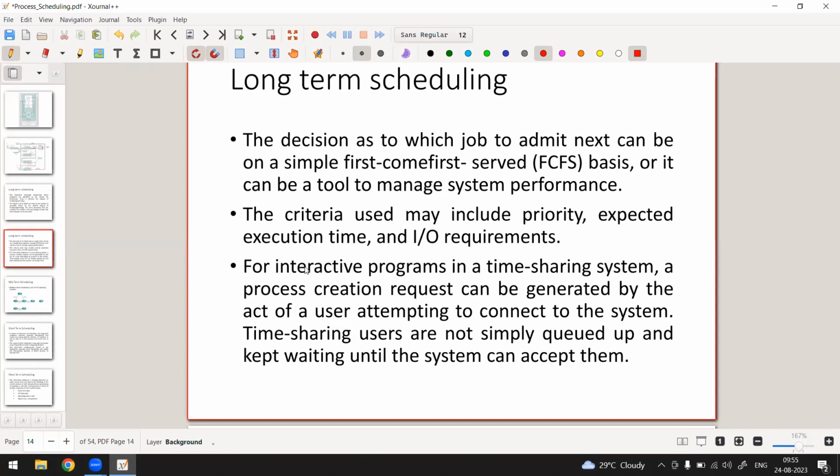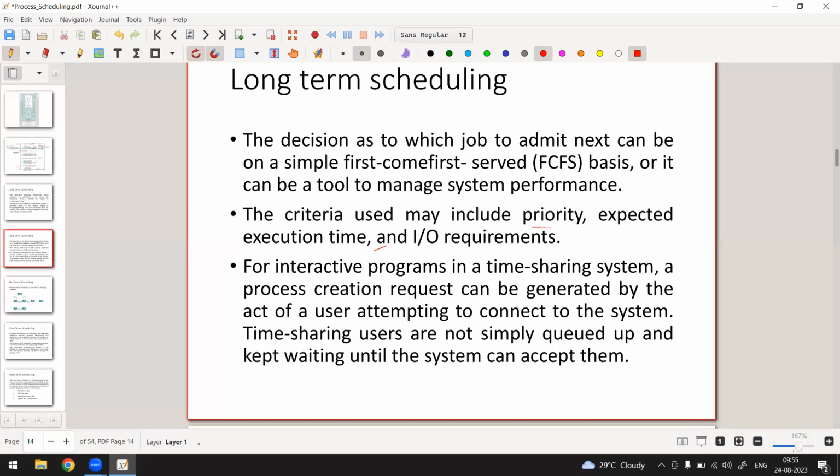It may be an FCFS-based decision, meaning whichever process came first will be executed first, or it may be driven by other criteria, such as priority, expected execution time, and IO requirement.